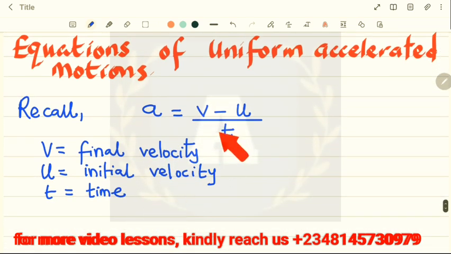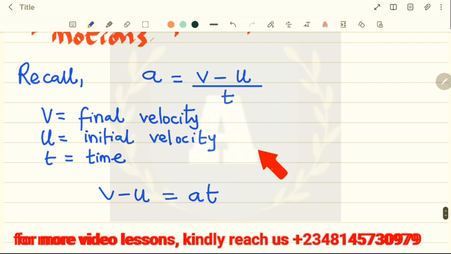So now, when we rearrange this equation, or cross multiply, we will have V minus U equal to A multiplied by T, AT. So when we make V the subject, U comes to this side and becomes plus U, so V is equal to U plus AT.